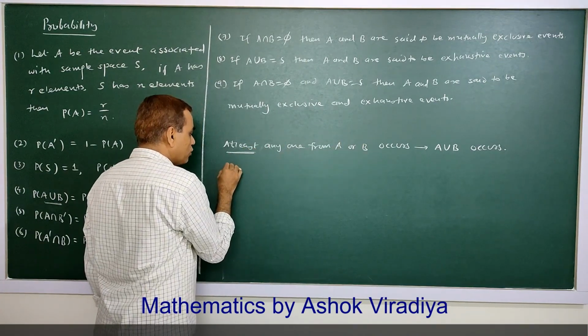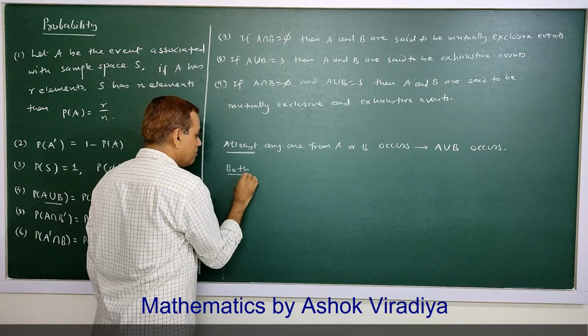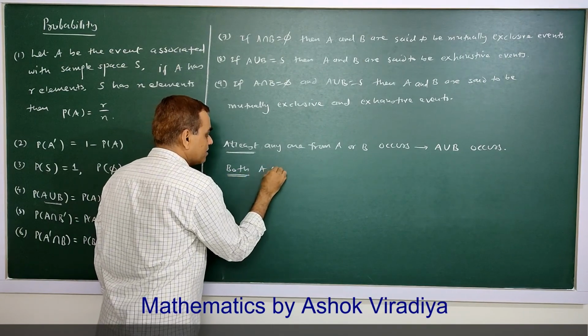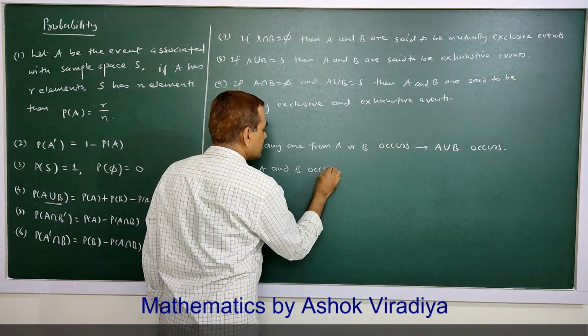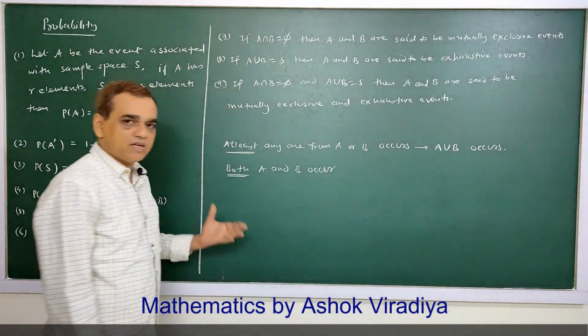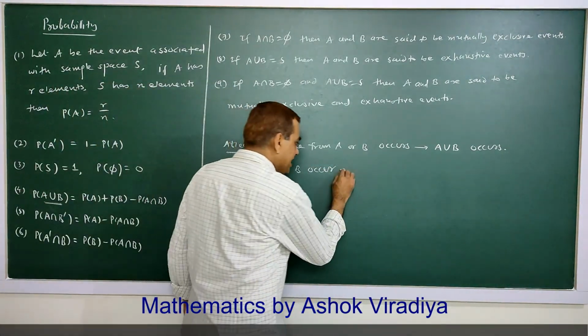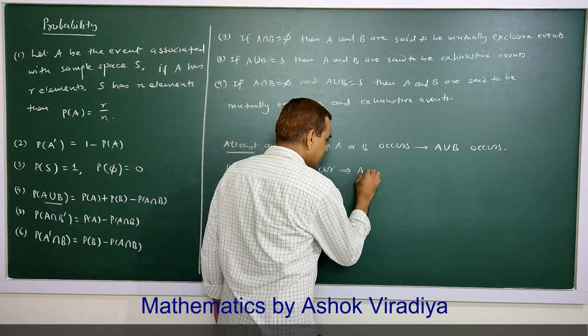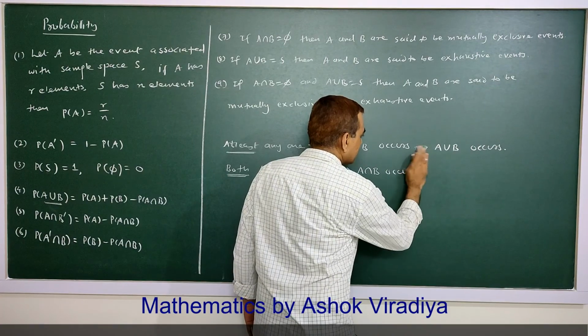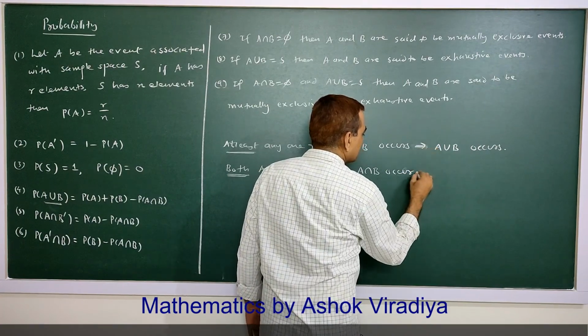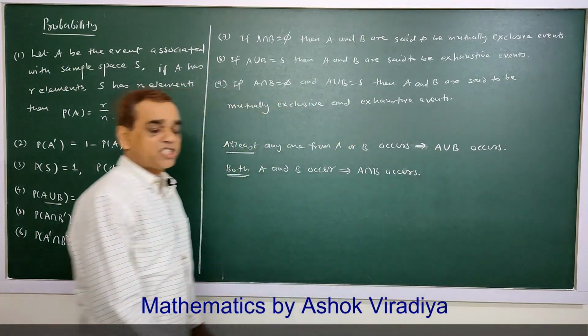If both A and B occur at a time, that means A intersection B occurs. Intersection of events occurs.